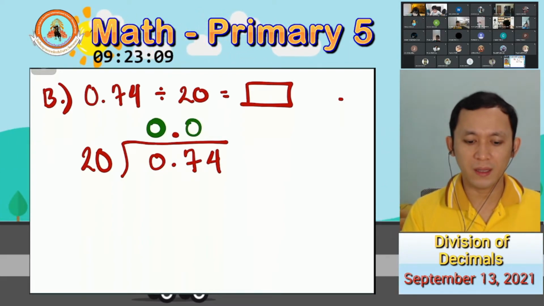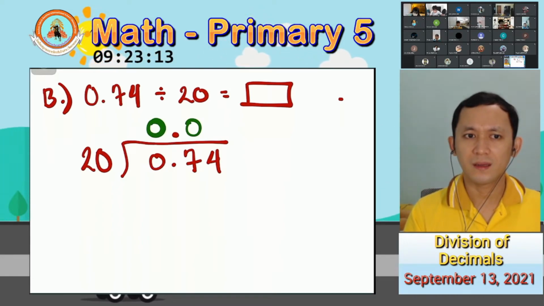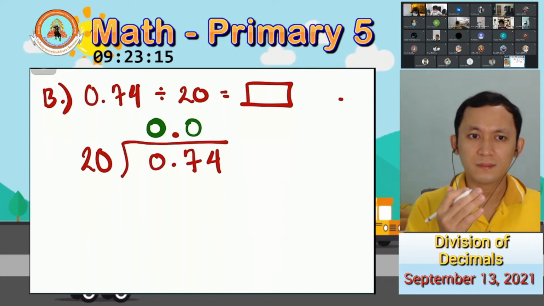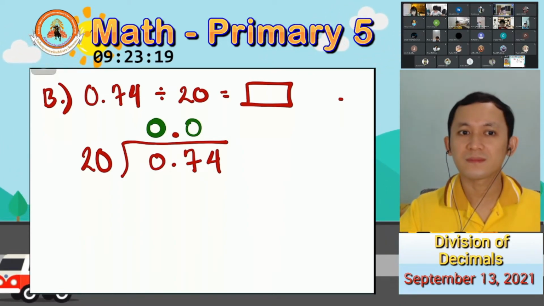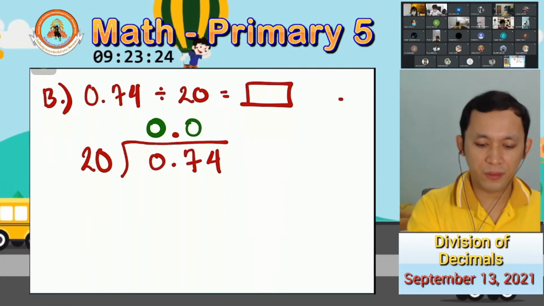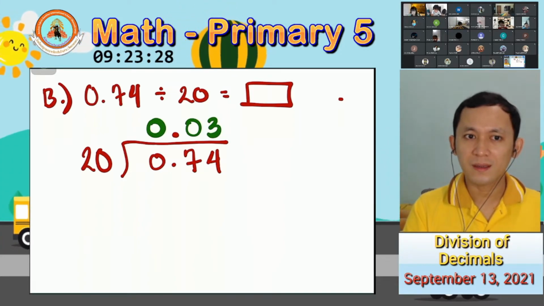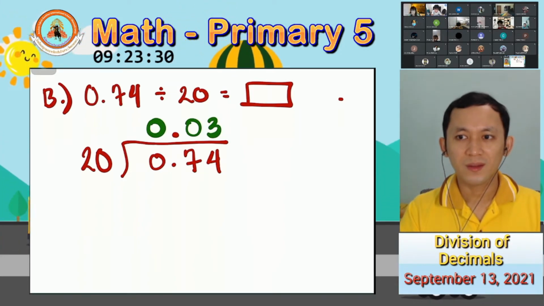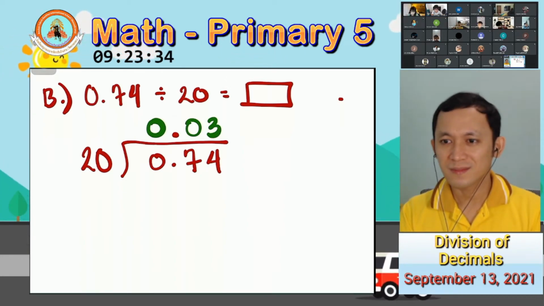We cannot divide that. Now 74 divided by 20. We've got 3. 3 times 20, what's the answer? 60.